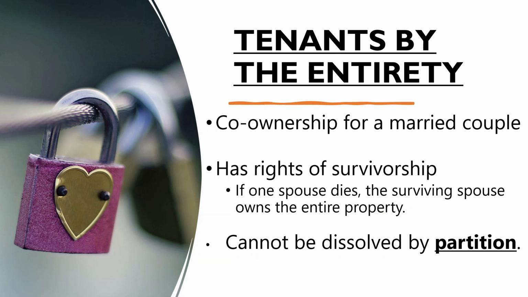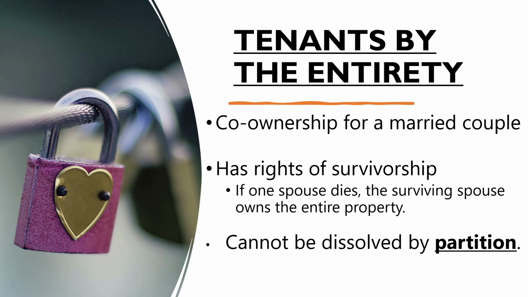So this is a benefit for a married couple. It does have right of survivorship, which once again, when one of the spouses is no longer with us, their share is now owned by the entirety, by the surviving spouse. It cannot be dissolved by petition.